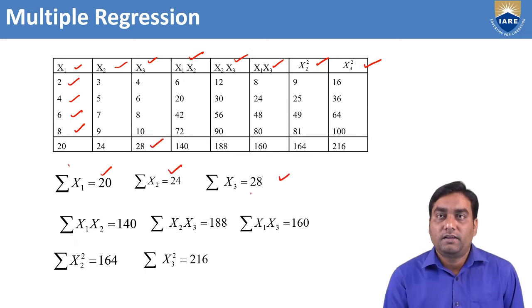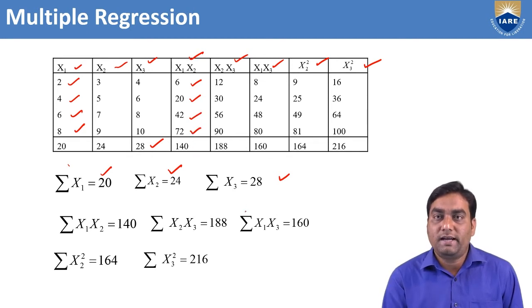Now x1 and x2. We know the values, so we multiply: 2 3s are 6, 4 5s are 20, 6 7s are 42, 8 9s are 72. Adding all, we get sigma x1 x2 equal to 140. Similarly, x2 x3: 3 4s are 12, 5 6s are 30, 7 8s are 56, and 9 10s are 90.